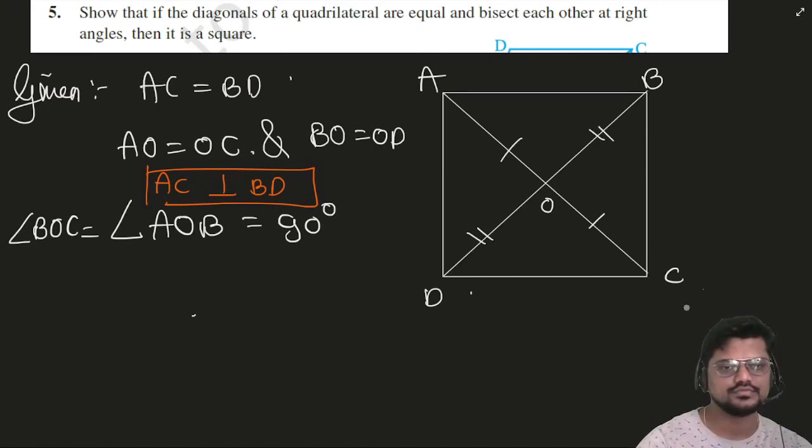Now this side is equal to this. This is common. How will you prove? So we can take triangle AOB and AOD.